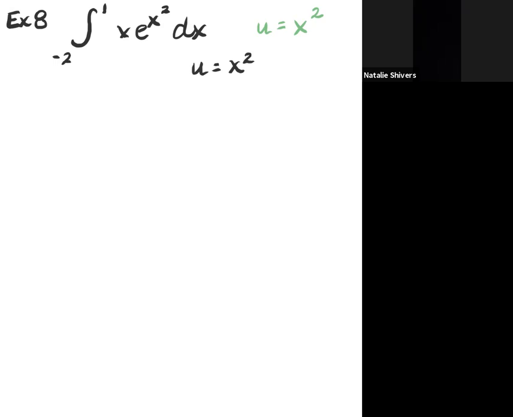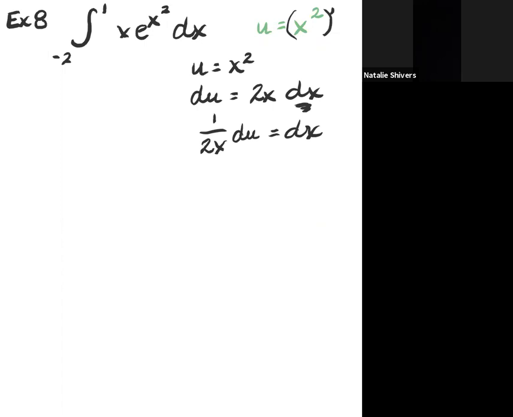So remember, I'm going to take the derivative to get du, and I get 2x dx. I'm going to solve for dx, so I get 1 over 2x du equals dx. Again, it's the same pattern over and over, but you have to do it enough times to know what you're doing. If you don't, then you're really going to get lost.